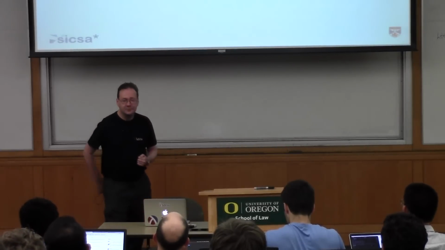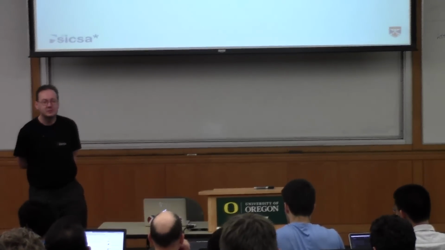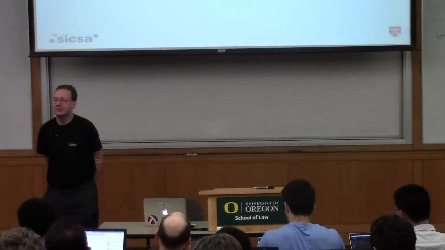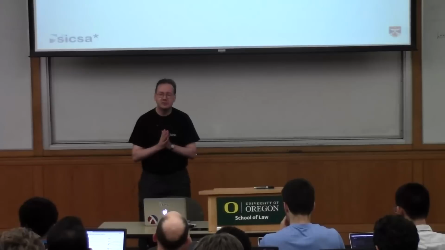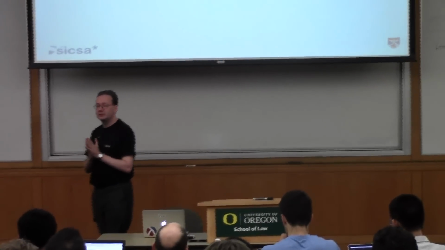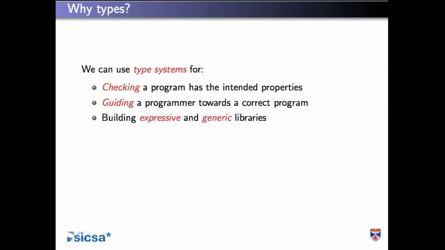So, why types? I guess you've had a lot about why types and what are types. I'm going to tell you what types are about for me. When you first encounter statically typed languages, whatever it happens to be, you might see the types as being a thing that is there to tell you off when you did it wrong.